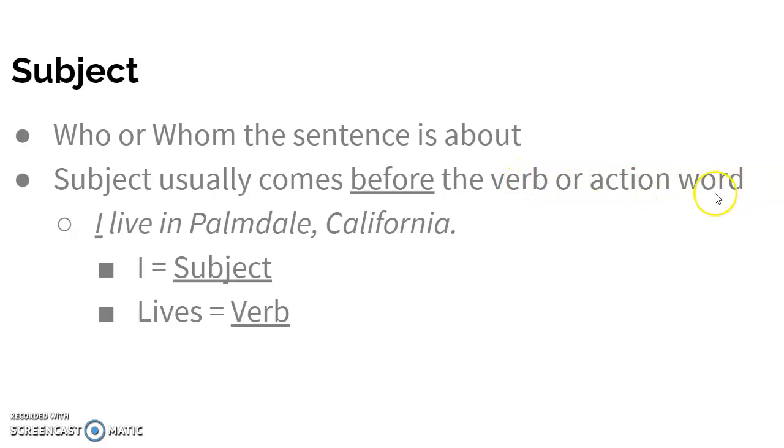A verb is an action word. In this example, I live in Palmdale. The subject, who or whom is it about? It's I. I is the subject. The verb, the action, is live. So the subject always has to come before the verb. That is who or whom we are talking about.